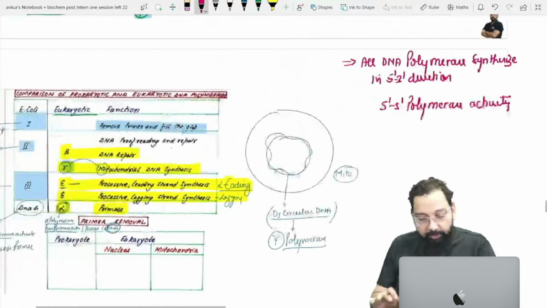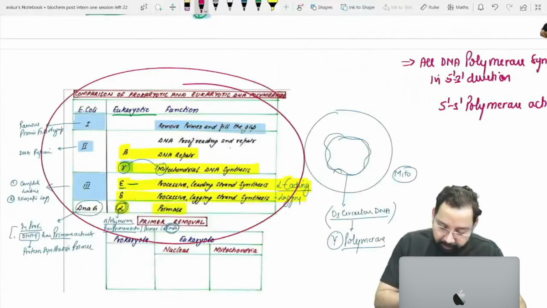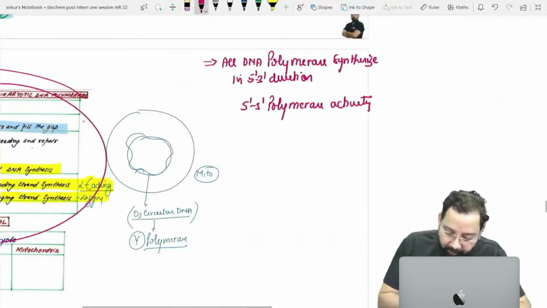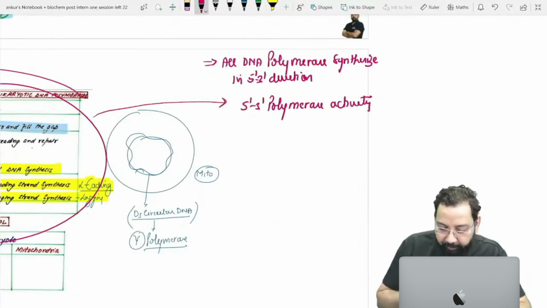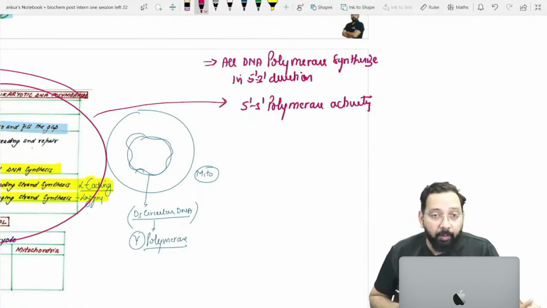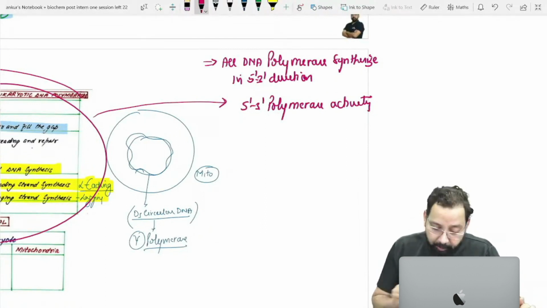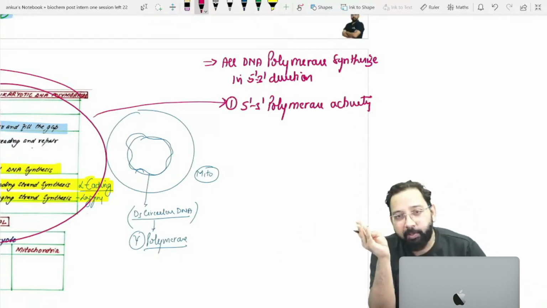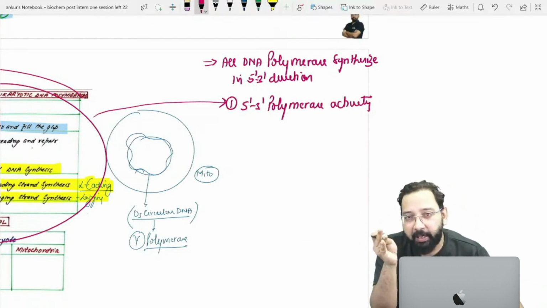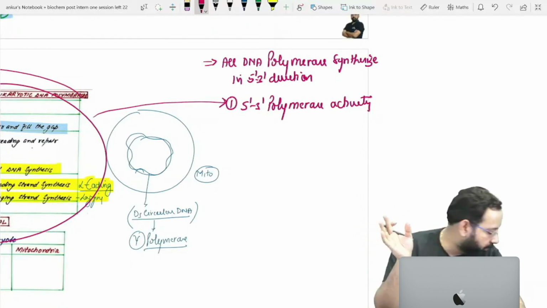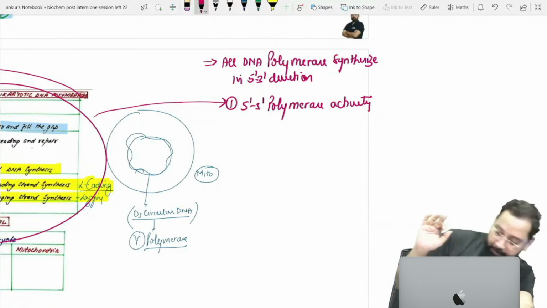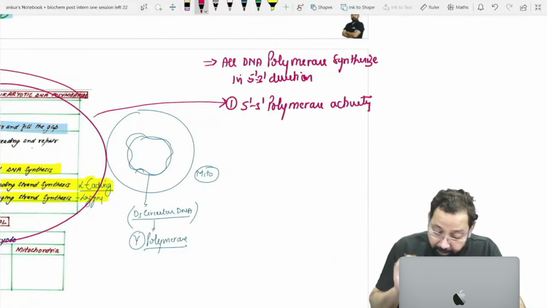Alpha, beta, gamma, epsilon, delta, DNA polymerase 1, 2, 3, all have 5 to 3 polymerase activity.